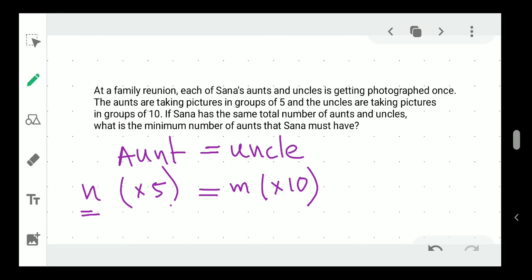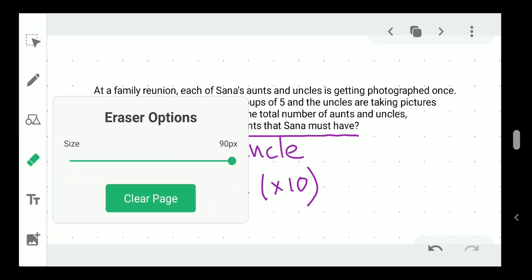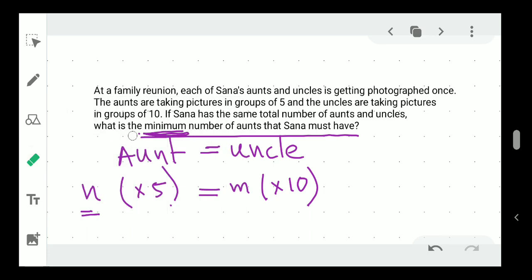Now what is the minimum number of aunts? So look at this. In this kind of mathematics, two things are possible: either it will be LCM or it will be HCF. Now one thing you can see, this is a kind of trick. We know that HCF is highest common factor, but here it is written minimum. So this is the lowest common multiple.